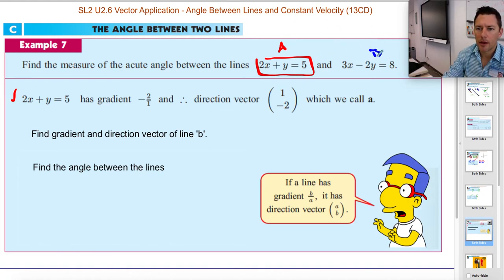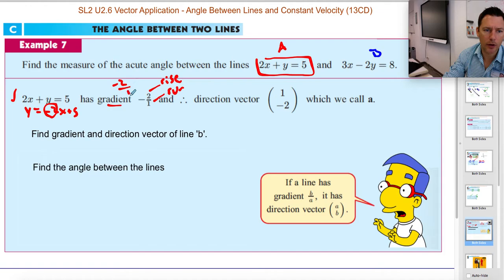If you rearrange this, you can solve for y. Move 2 over here and you get y = -2x + 5. So this is the slope, this is the gradient, it's -2 over 1. If you remember your algebra, this is rise over run, so you could say it rises -2 and it runs 1.